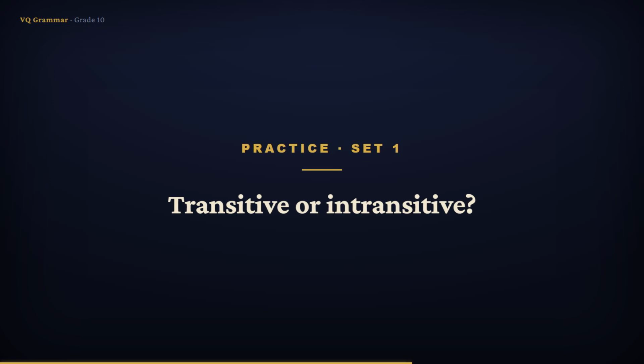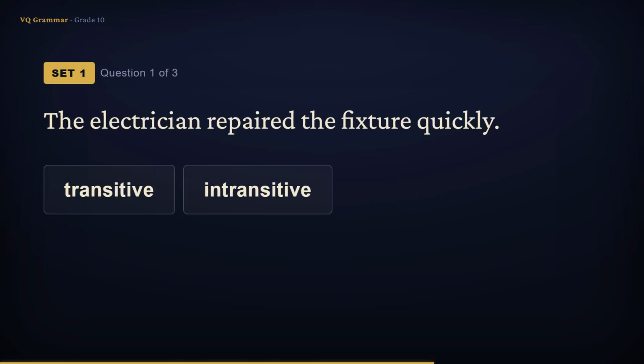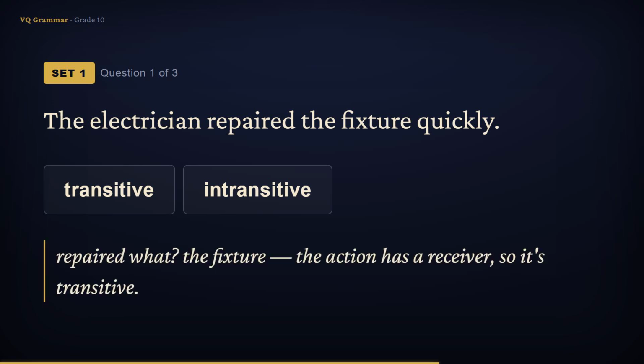For each sentence, find the action verb, say it, and ask what or whom. If a word answers, it's transitive. If not, it's intransitive. Pause and decide before I reveal each answer. The electrician repaired the fixture quickly. Find the verb, repaired. Now ask, repaired what?